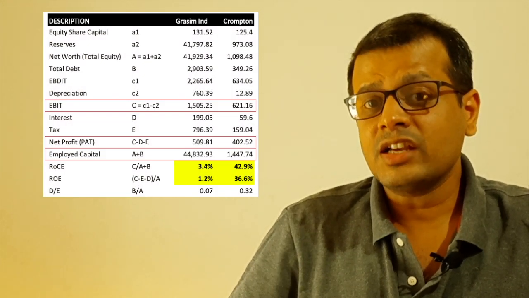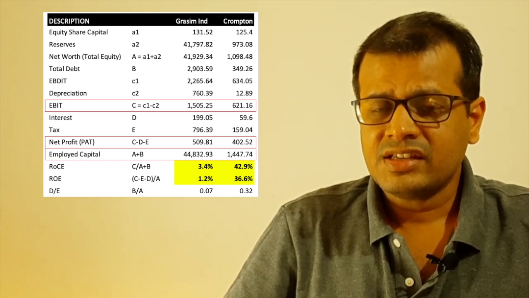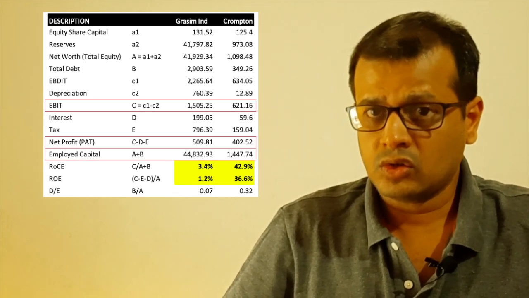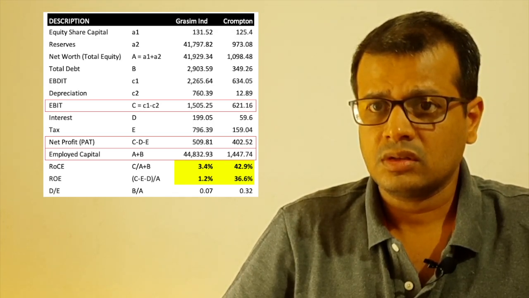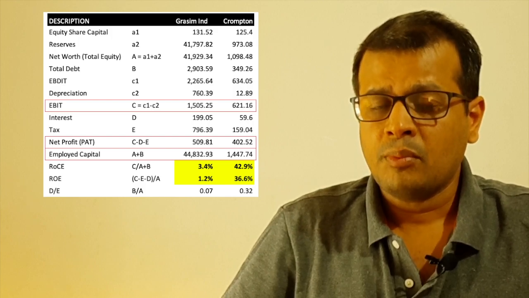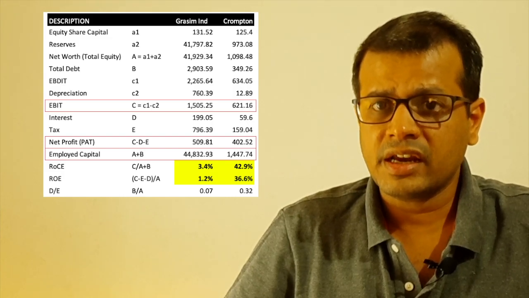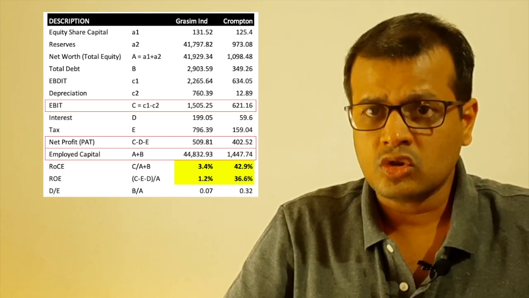But if you see Crompton Greaves, it is generating around 621 crores of operating profit, but it is investing only 1400 crores to generate those operating profit numbers.